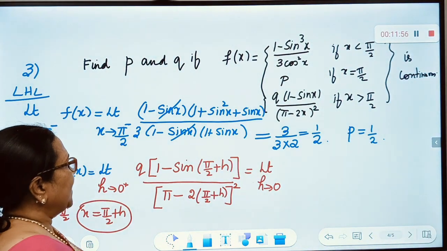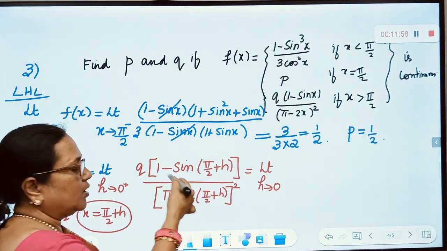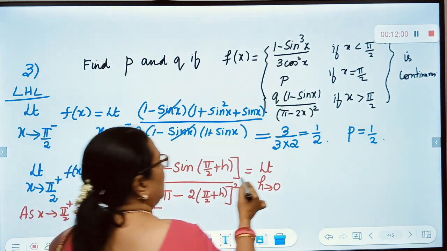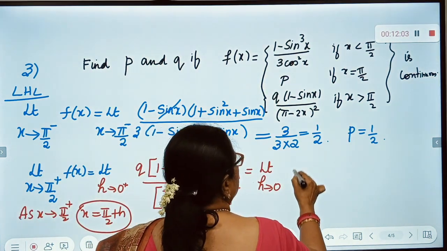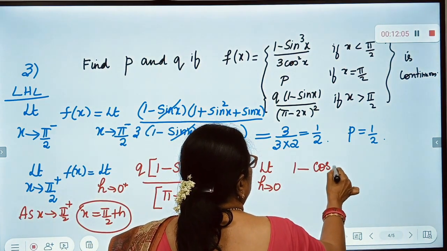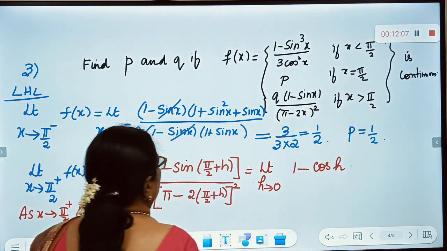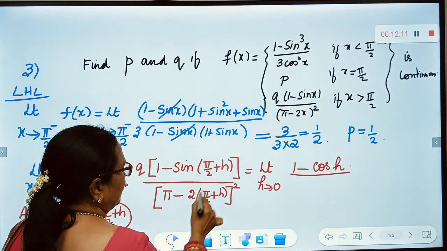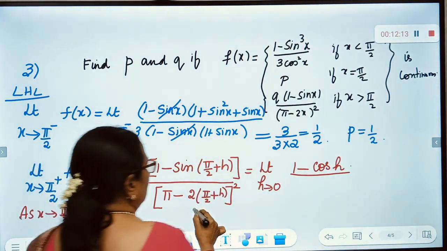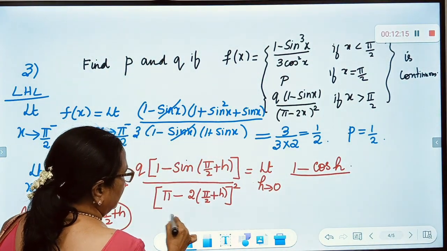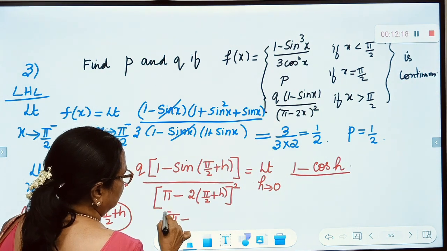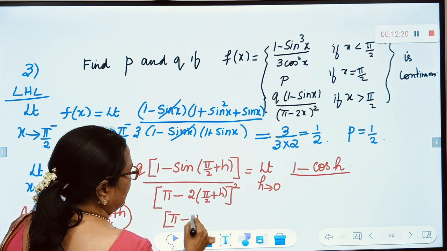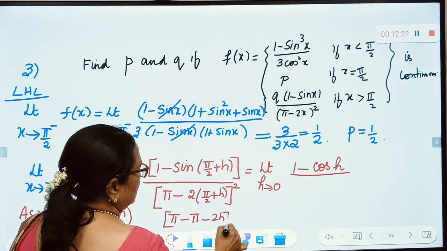Now, sine in the second quadrant will become what? 1 minus cos h divided by, what will happen here? Pi and pi will get cancelled, giving you, see this is pi minus 2 pi by 2 minus pi minus 2h the whole square.